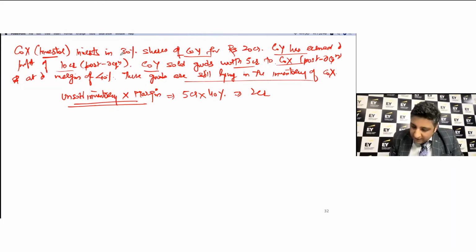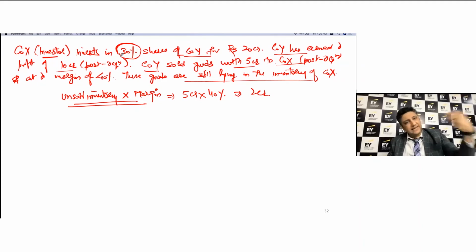You're not taking 100% of the profits the way you do it for the subsidiary. For the subsidiary, you take the 100% profits, your share as well as the NCI's share. In the case of an investment in an associate or a joint venture, you are only looking at the 30% share of that profit.